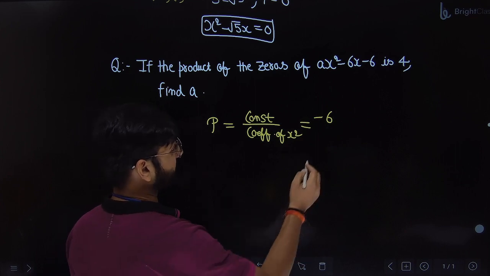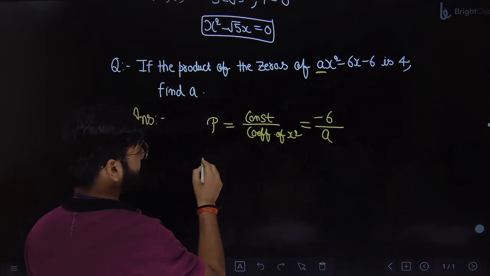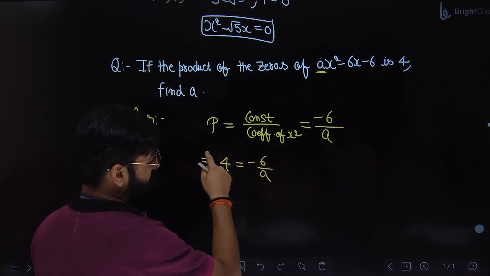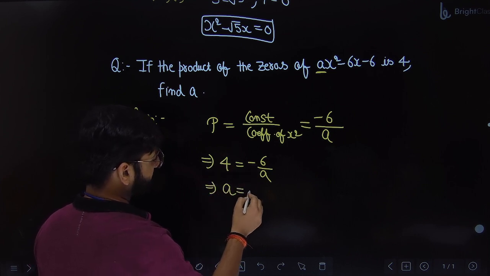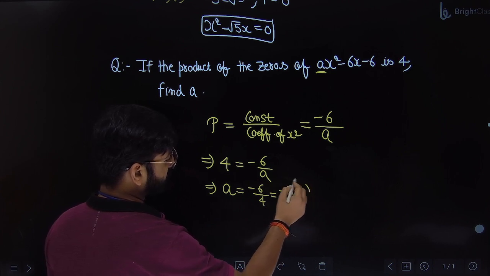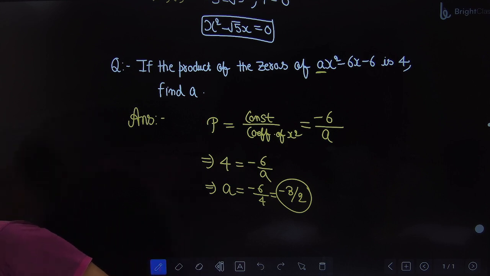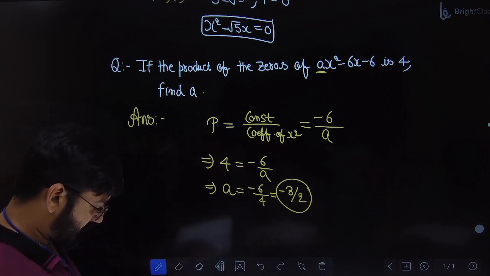So constant term is -6. Coefficient of x square is a. What is the product given? 4. So rearrange the terms. Take a here, 4 here. So -6/4, -3/2. Simple question for 1 mark. Easy chapter, right?